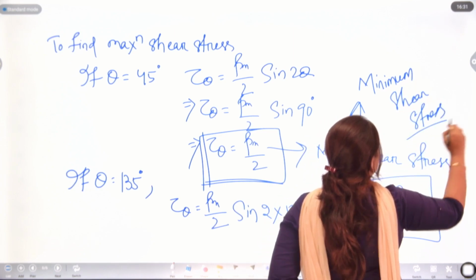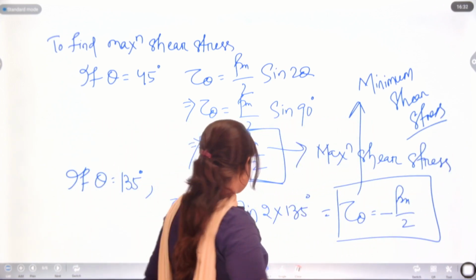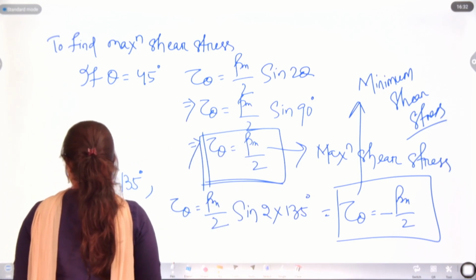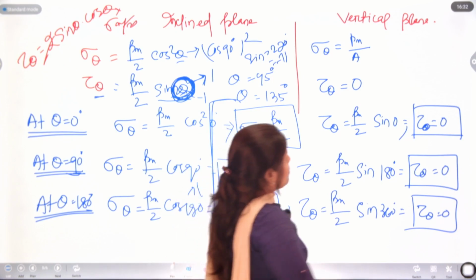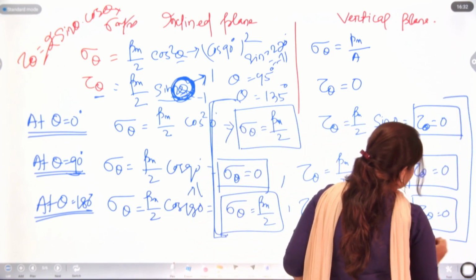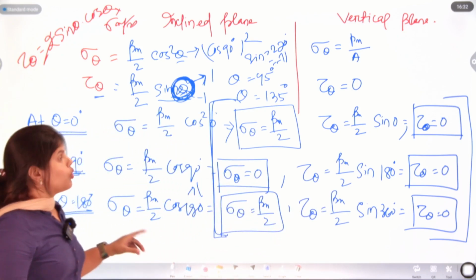Okay. Now we have maximum shear stress and minimum shear stress. But here, if you can see in this part, shear stresses are 0.